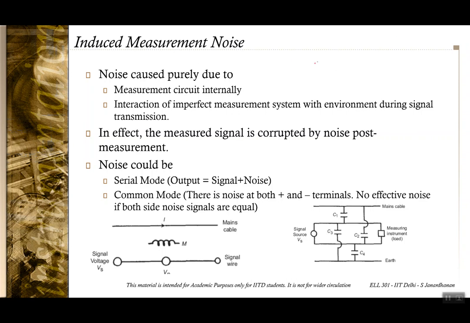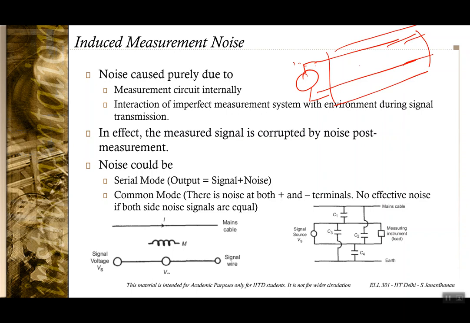So this is after the instrument: the circuit after the instrument, how it interacts with external components or within different components of itself. An internal interaction can be a cause of the induced measurement noise. It is basically the measured signal coming out of the instrument being corrupted post measurement, and this noise can either be a serial mode noise or a common mode noise.